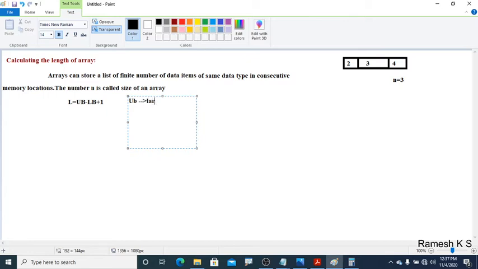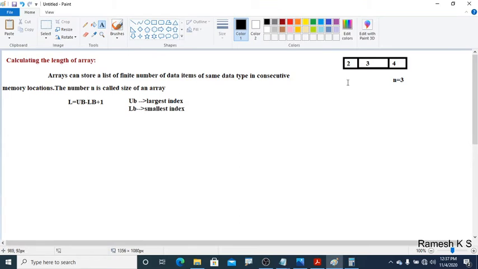So in this example, try to find the largest index and the smallest index.